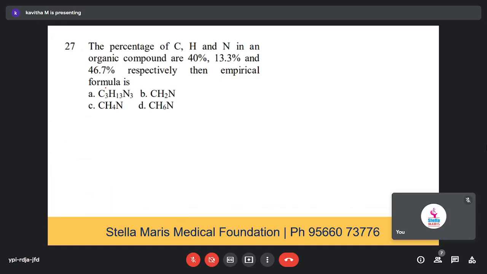First, what you have to do is, ma'am, the percentage, divide by atomic mass. So first 40 divided by 12, since this is carbon, and 13.3 divided by 1, and for nitrogen, 46.7 divided by 14.